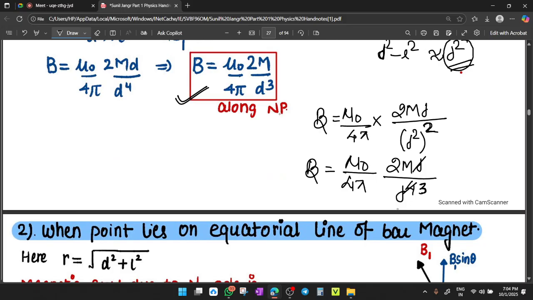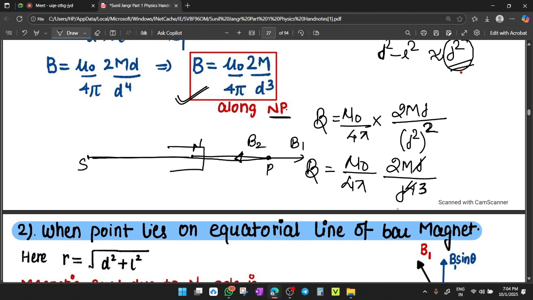Clear? And the direction is along N to P. Why? Because there is the N pole, and from N to P the field strength is higher. This is B1. And S to P is lesser, as the south pole is distant from this point P. So this is B2.